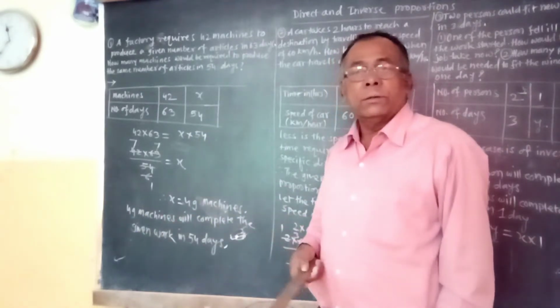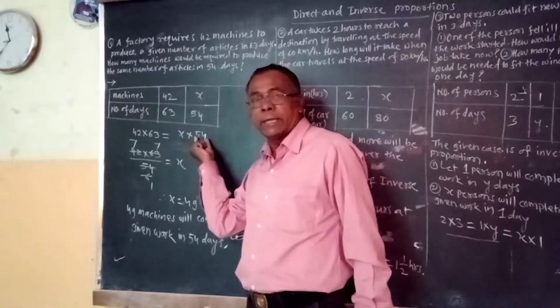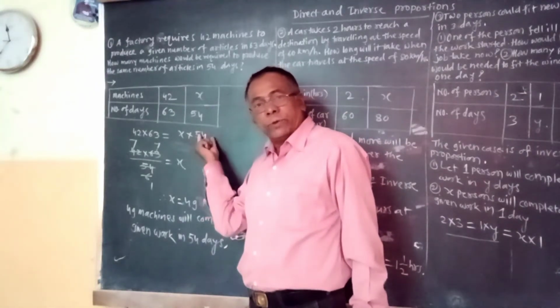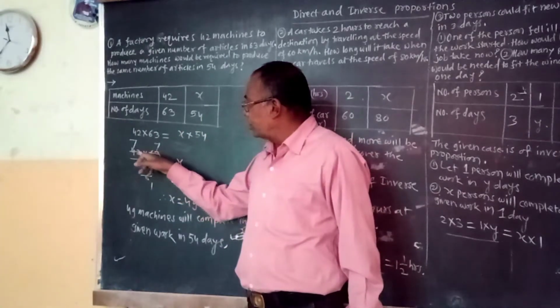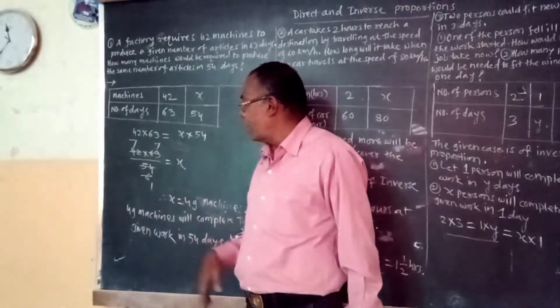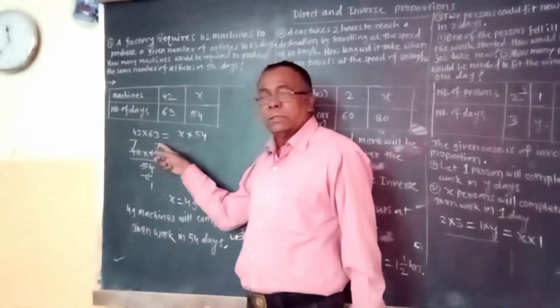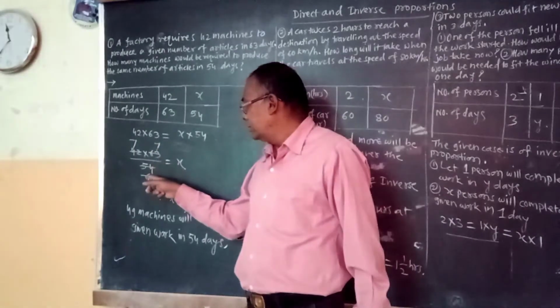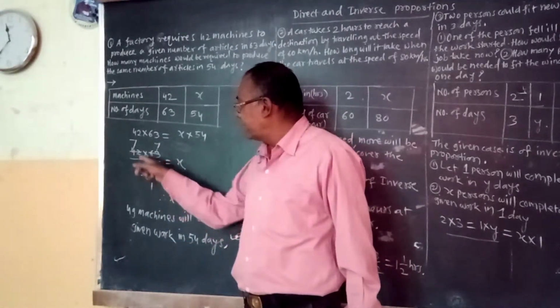To find the value of X, we have to transfer 54, which is multiplying at the RHS. It will divide at the left side. Means 42 into 63 divided by 54. Here 9 7s are 63 and 9 6s are 54. 6 1s are 6 and 6 7s are 42.